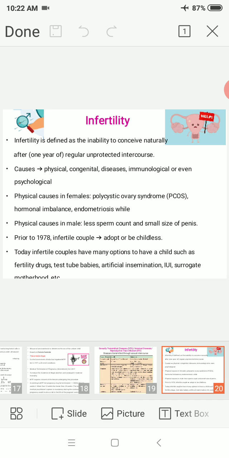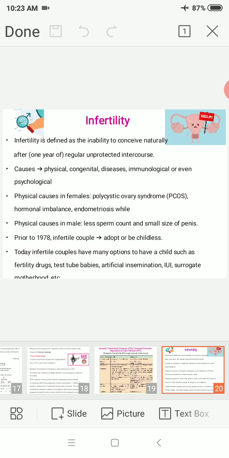The common physical causes in females are polycystic ovary syndrome, PCOS, hormonal imbalance, and endometriosis, while in males it is low sperm count and small size of the penis. These also affect fertility, meaning there is no fertilization.